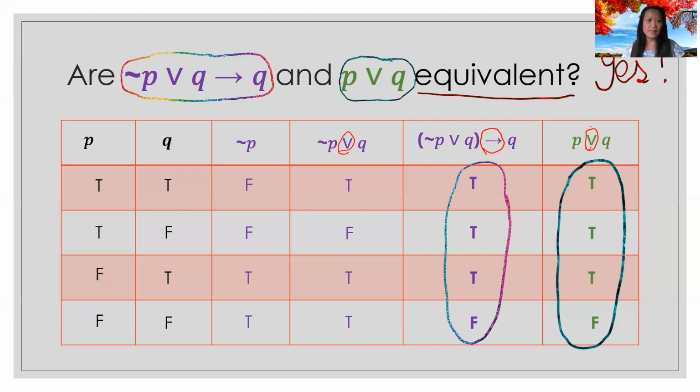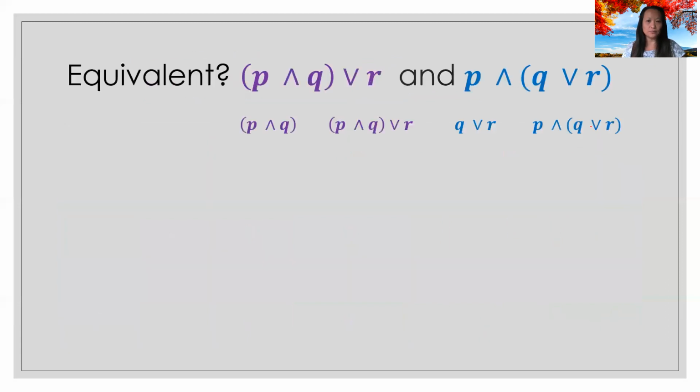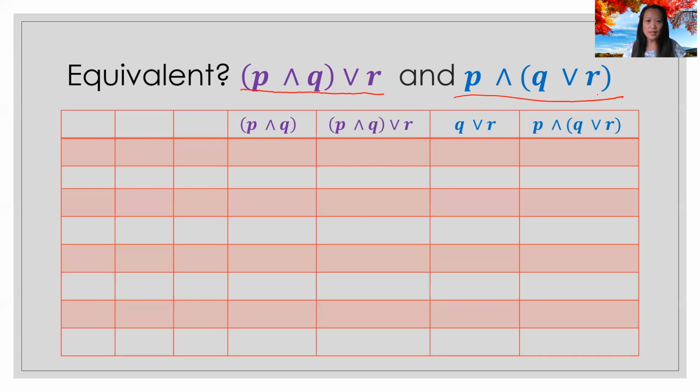All right, let's take a look at another example. So suppose you have this statement here and this statement here, and we want to know if they are equivalent. So again, order of connectives will apply, okay?